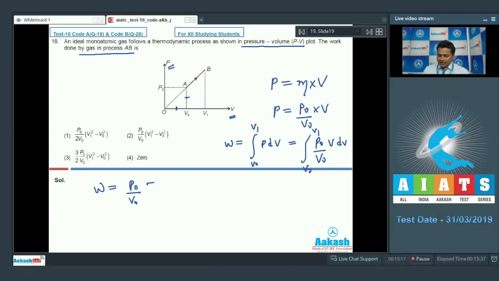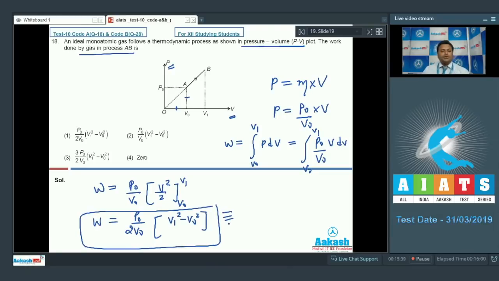Integration of V will be V square by 2 from the limit V naught to V1. Take 2 outside, P naught upon 2V naught will be, putting the limits, V1 square minus V naught square. So this is the final work done by the gas. And after looking at the options, we can say that option number 1 is absolutely correct. So we will go with option number 1.